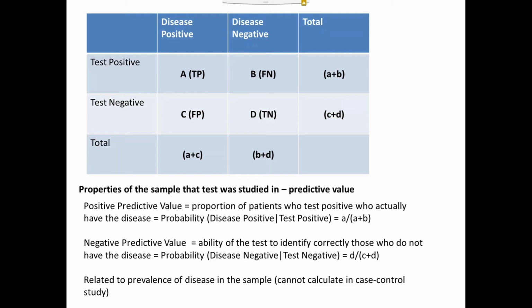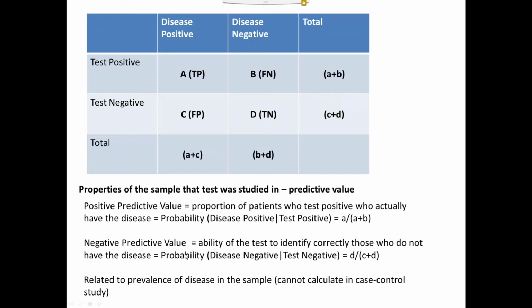There is a positive predictive value, the proportion of the patients who test positive who actually have the disease: people who test positive and are disease positive over the total number of patients who tested positive.